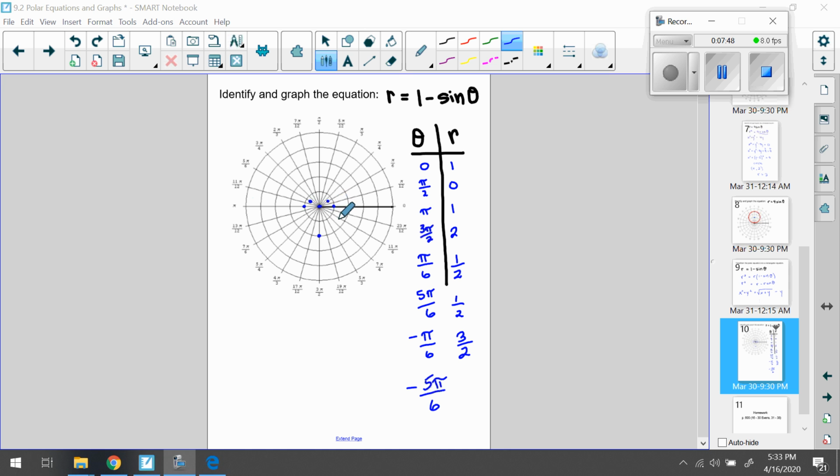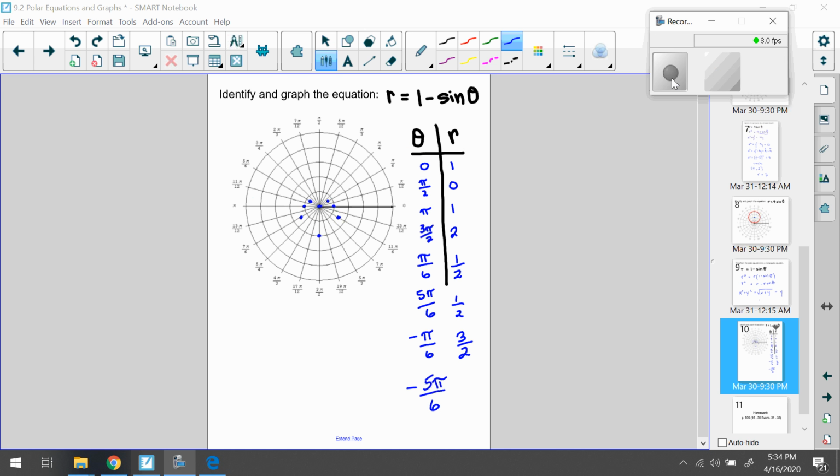So 1.5 is going to put me right about here. And then if I do the same thing for negative 5 pi over 6, that's going to take me over here. And again, if I travel 1.5 units, so 1 plus a half is going to take me right about here.